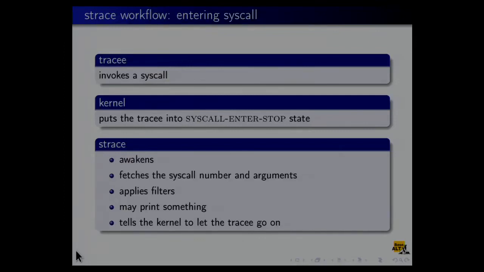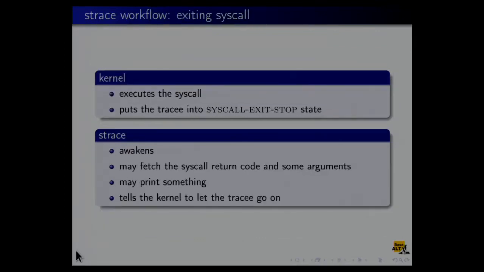with its tracee. Then the kernel executes the syscall, and before passing control to user space, it puts the tracee again in a stop state. It's a slightly different state, called syscall-exit-stop.